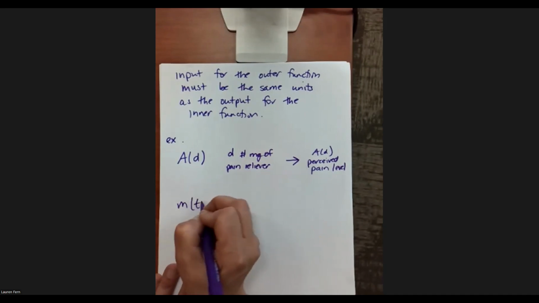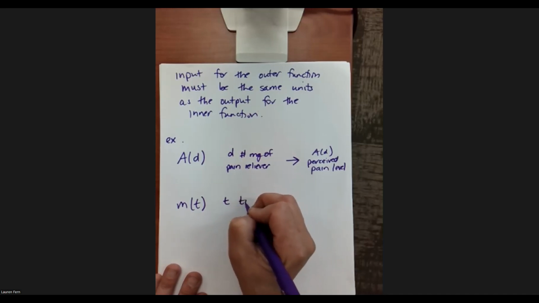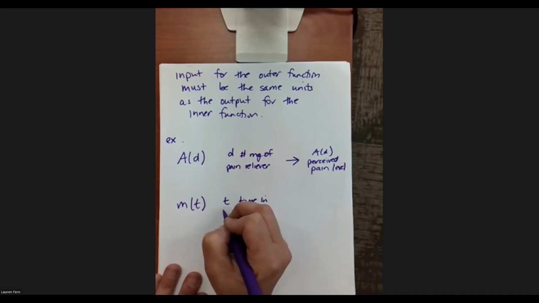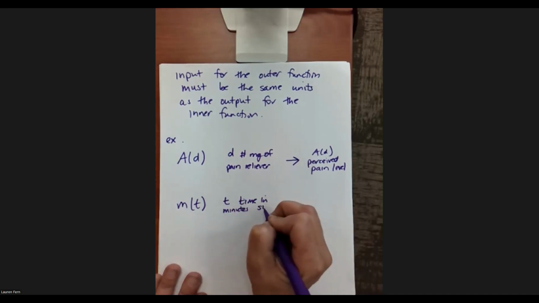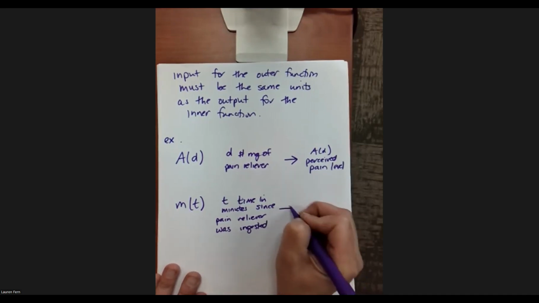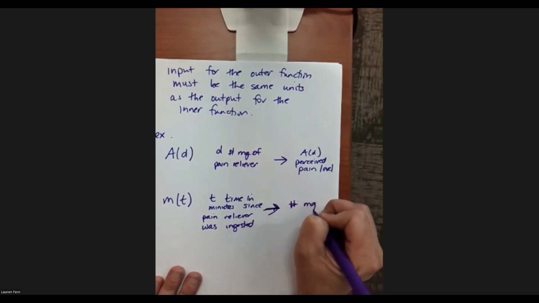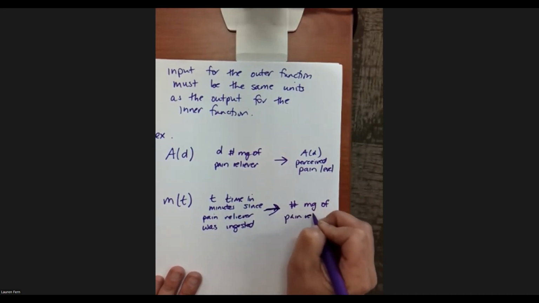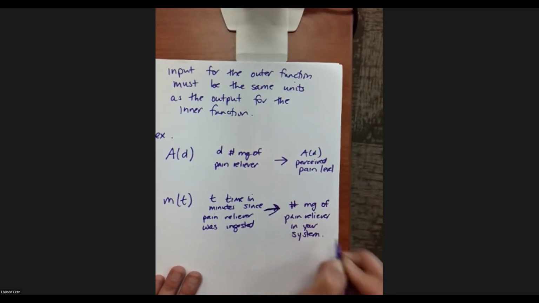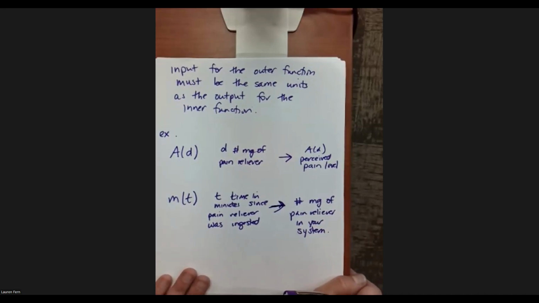And suppose I have another function, M of T. T, my input, represents the time in minutes since the pain reliever was ingested. And the output is the number of milligrams of pain reliever in your system. Right, it takes a bit of time for you to absorb the drug.